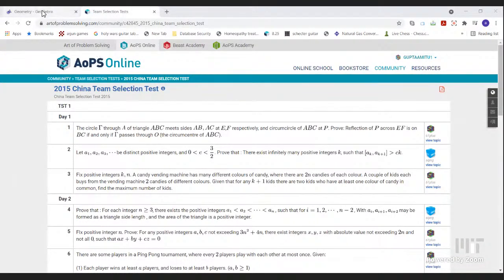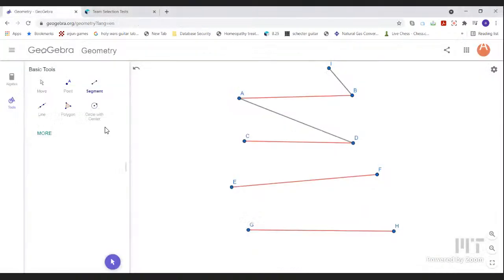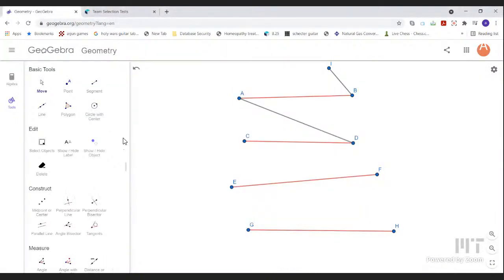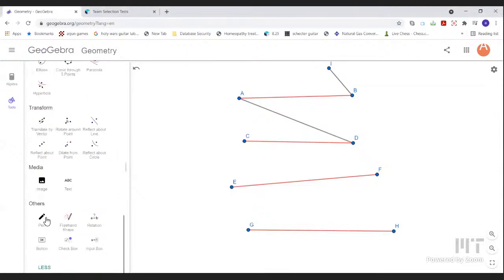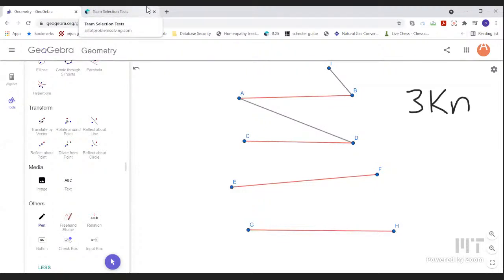So basically, till now we have that the answer is 3kn. RG told us that the answer is 3kn. We have found a construction for it. Now we are just proving that this is the maximum possible, and we have basically just restated the problem in terms of graph theory. Nothing more.